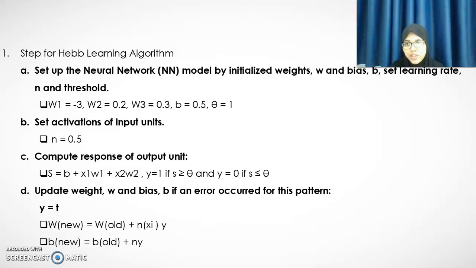For this learning algorithm, we will use Y is equal to T. As for the new W value, we will use the formula W new is equal to W old plus N multiplied by Xi multiplied by Y. As for B new, we will use the formula B old plus N multiplied by Y.